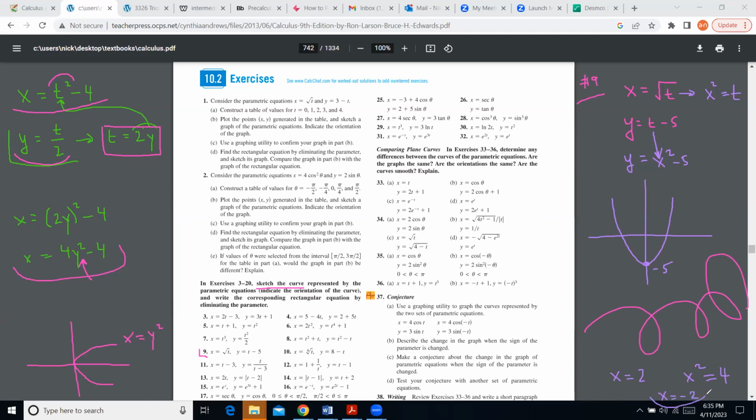So you should be careful when you square, and actually it looks like x is going to be automatically non-negative, because when you take the square root of real numbers, we get only positive values, right? So my x coordinates can only be positive. That's the restriction on x. So I actually have only the right branch of this parabola.